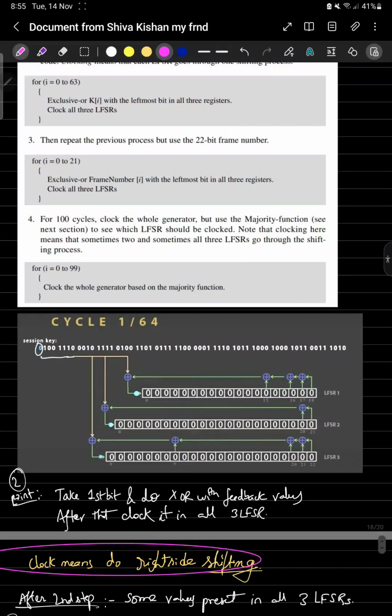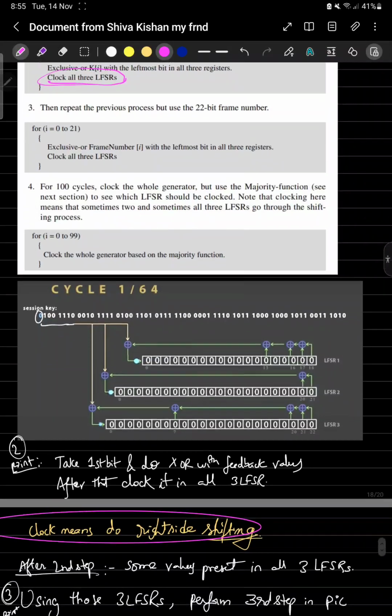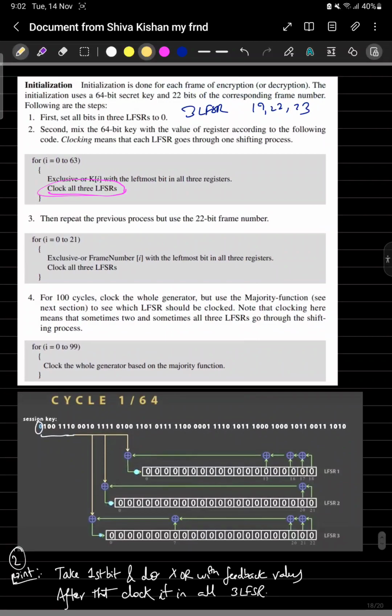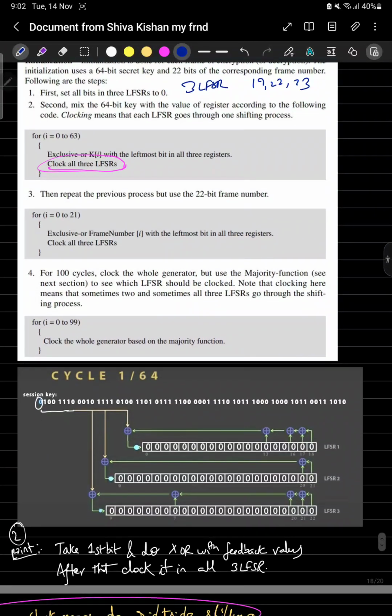Now understand this sentence: clock all 3 LFSRs. Clocking LFSR means shifting each bit by 1.